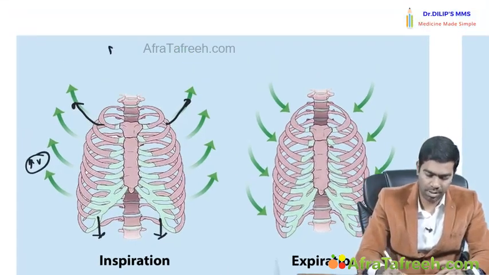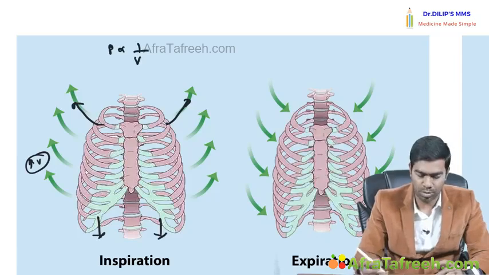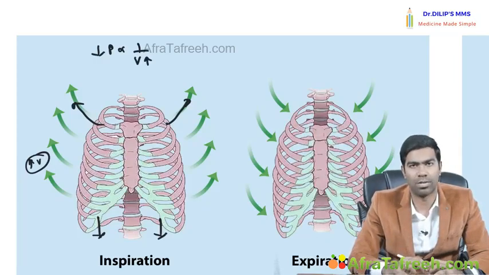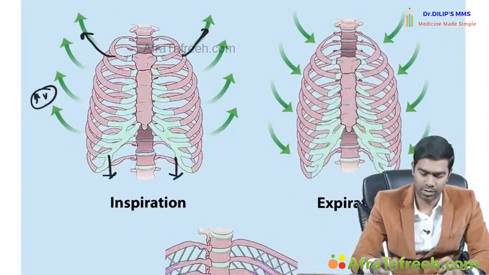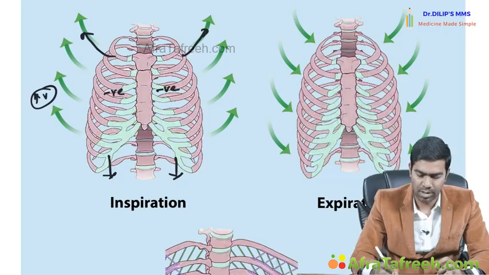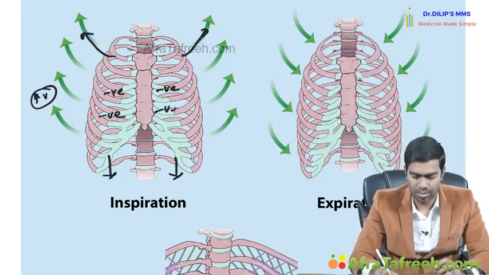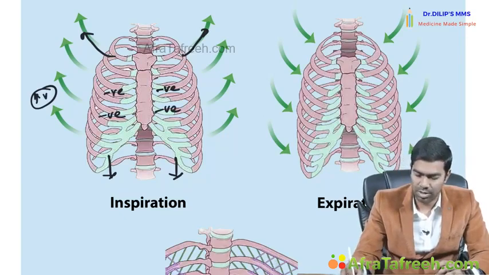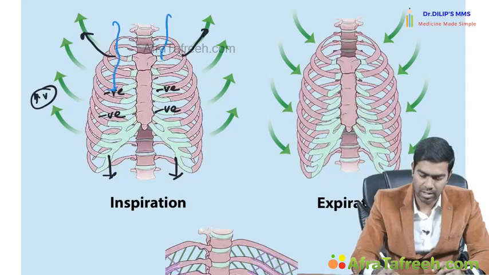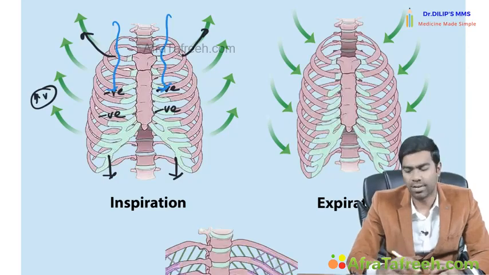By Boyle's law, pressure is inversely proportional to volume. So if your volume increases in a closed cavity, your pressure is definitely going to decrease. Which means you're going to develop a negative intrathoracic pressure compared to the atmosphere, which will literally suck the air into the chest cavity.